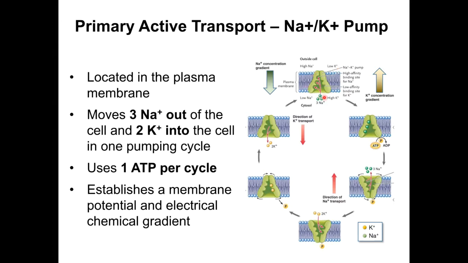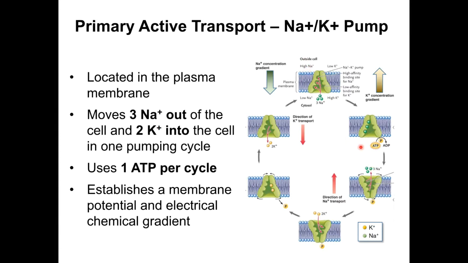So how does it work? In the native configuration, when ATP is not bound, it has three active binding sites for sodium ions, so it can bind 3 sodium ions in the area of low concentration for sodium. Now, the binding of ATP with a transfer of a phosphate group to this transporter causes a change in conformation, which gets these 3 binding sites exposed to the side where the sodium concentration is higher.